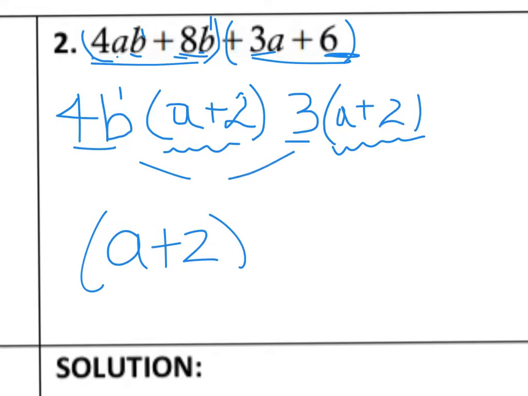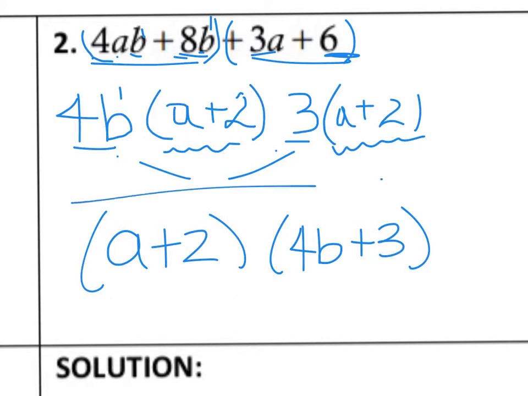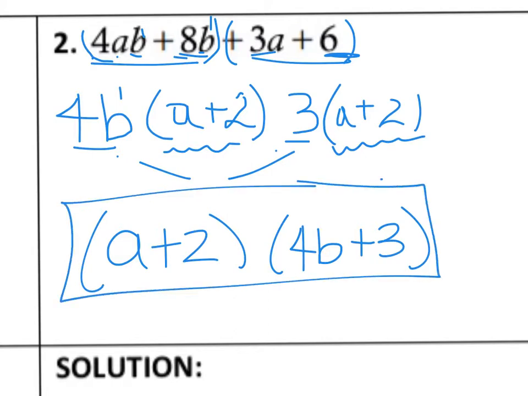So the other term is going to be 4b plus 3. So I just added these 2 together, and they're not like terms, so I can't technically add them, so I list them that way. And if I wanted to make sure that this was correct, I would box these 2 terms to see if it equals my original problem.